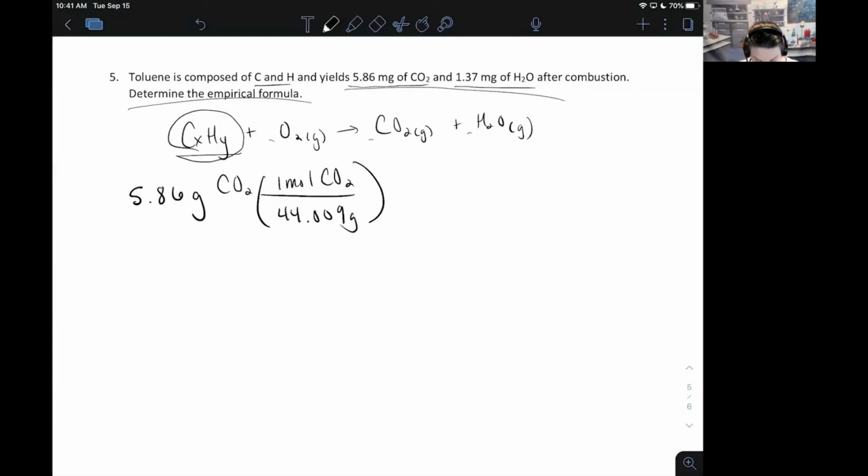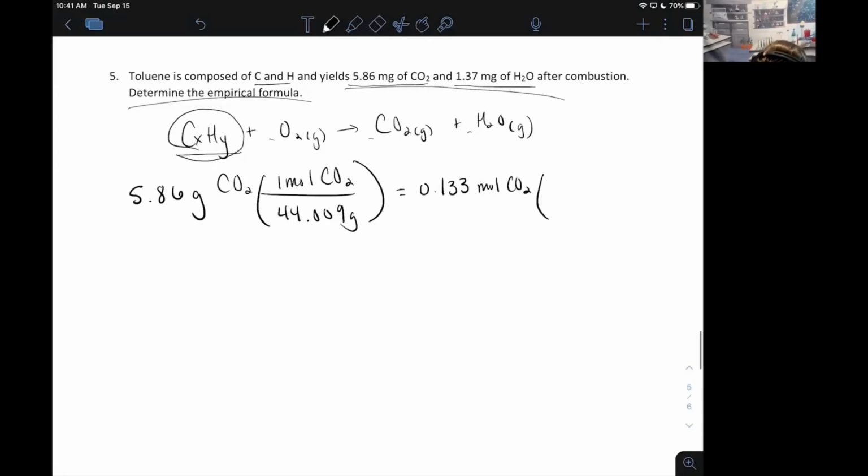So we're going to take our 5.86 divided by 44.009, giving us 0.133 moles of carbon dioxide. And then we can go from moles of carbon dioxide into moles of carbon. 1 mole of carbon dioxide only has 1 atom of carbon per unit, so that would give us 1 mole of carbon, giving us a total of 0.133 moles of carbon.